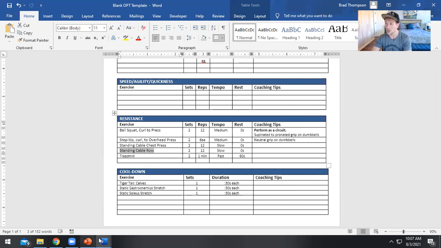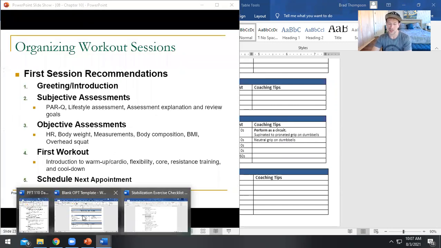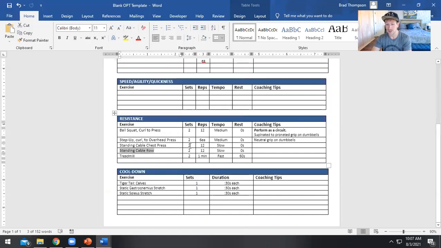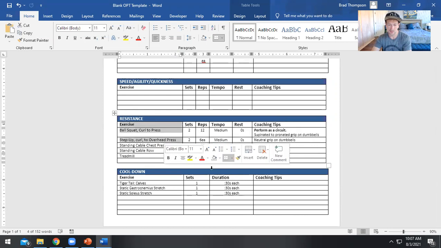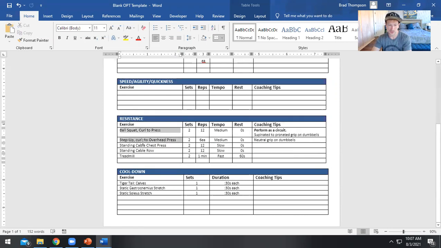Now they're getting a little bit of cardio and they're getting a little bit of strength training, and they're going to get a heck of a workout. This 2 sets, 12 reps on everything should take, this will probably take like 90, that's 3 minutes. This should take about 15, maybe 20 minutes to get through twice.